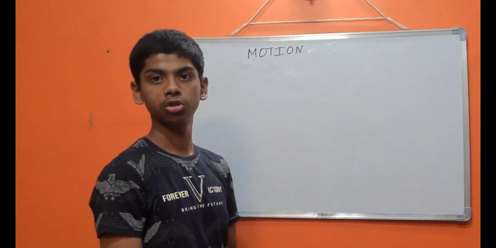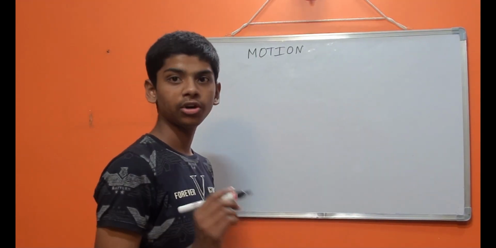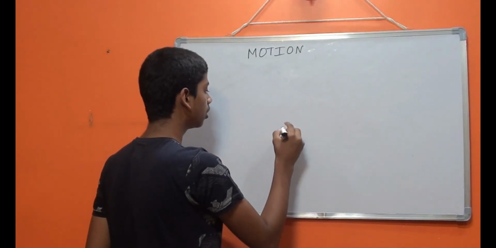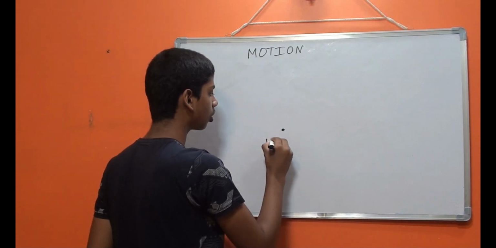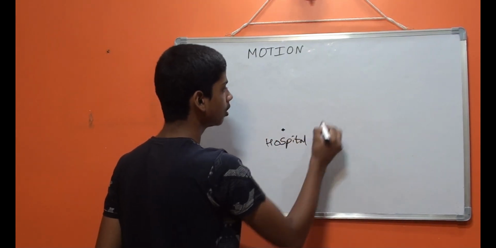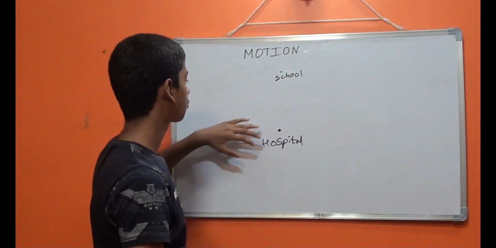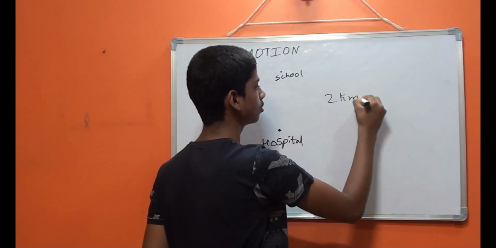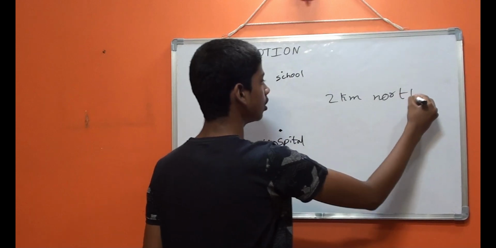Now let's describe motion. Before describing motion, for example, there is a village and here is a hospital. In the village, a school is located 2 kilometers north of the hospital.